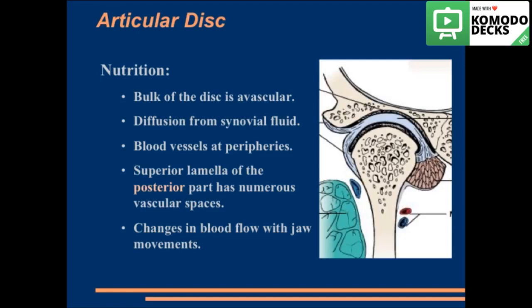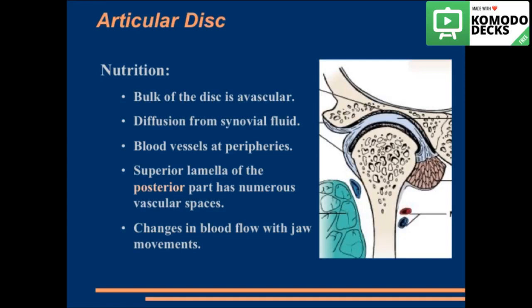Lastly, according to blood vessel nutrition, in the old age articular discs, the bulk of the disc, or the center parts, are avascular. They lost the blood vessels, while the peripheries still maintain the blood supply.